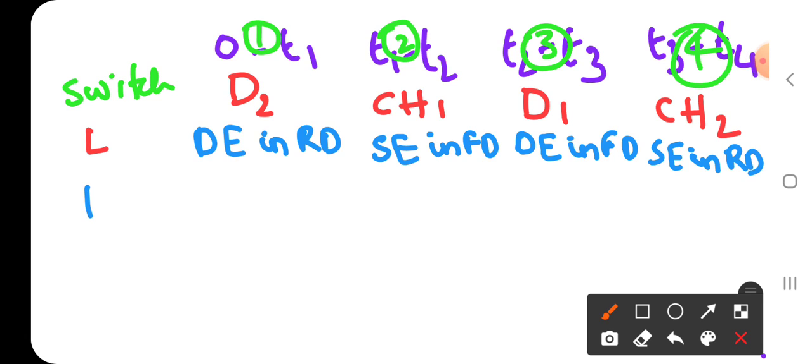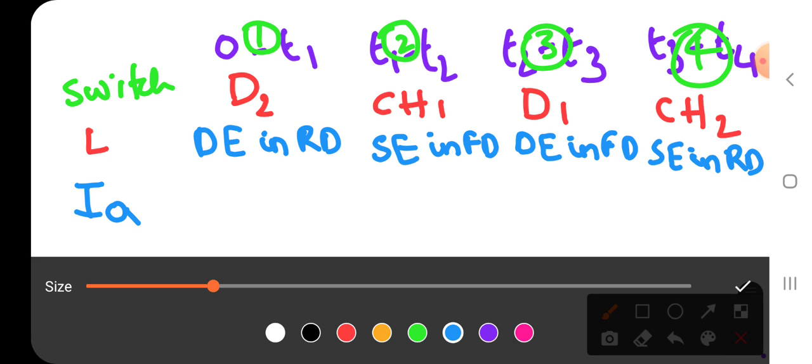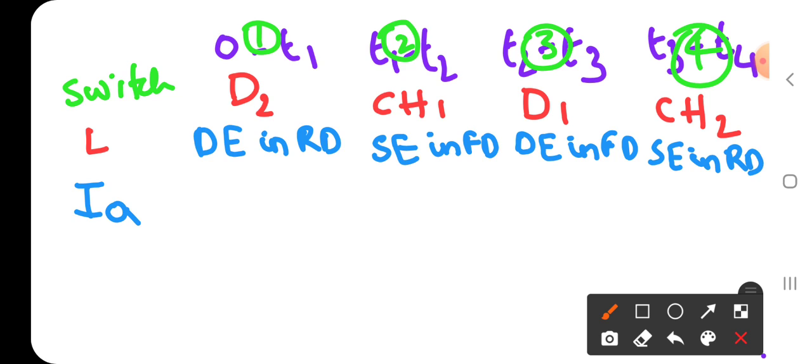Then what happens to IA? Tell me. IA decreases from negative maximum to 0 in the first mode. In the second, it increases from 0 to maximum.